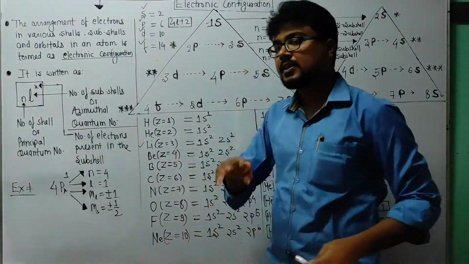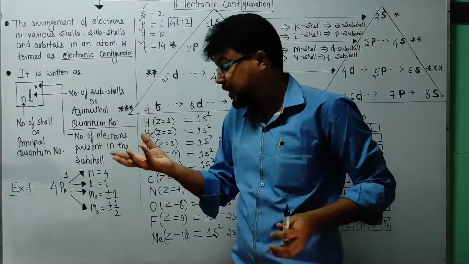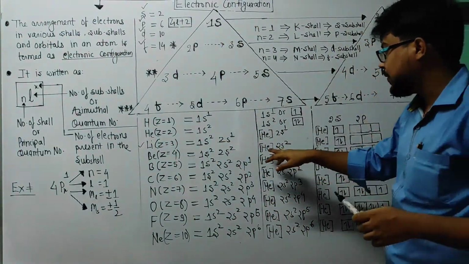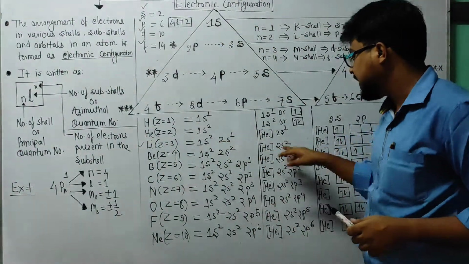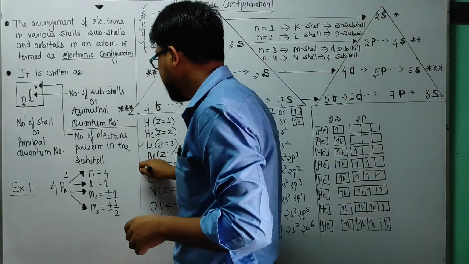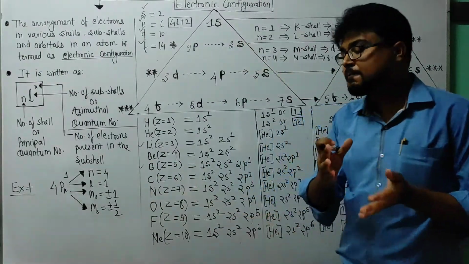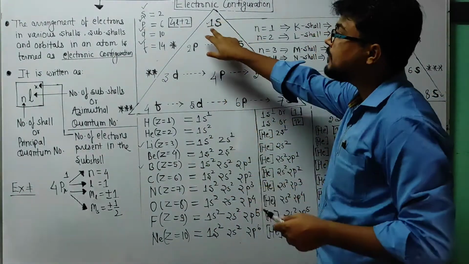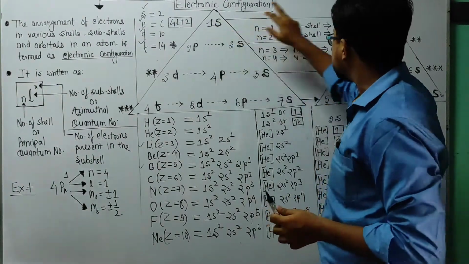Check beryllium. Its atomic number is 4, meaning it has 4 electrons. So 1s2, 2s2. Done. 1s2 can be written as helium, and next is 2s2. Next, boron is important again. The atomic number of boron is 5, meaning it has 5 electrons. Again we start with 1s: 1s2, 2s2.